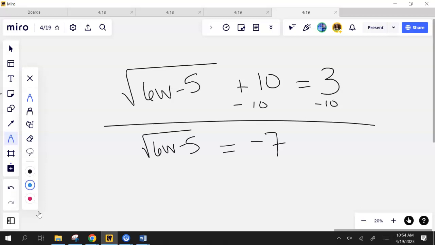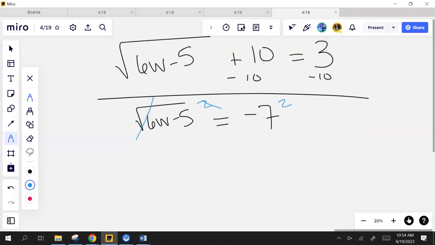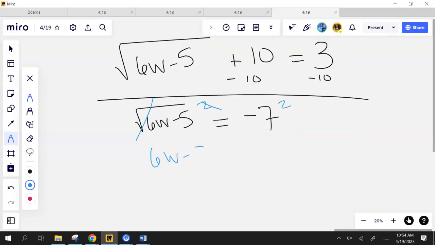Square it. Square it because, what's negative 7 squared, by the way? Is it negative 49 or positive 49? Positive. When you square a negative, it becomes positive. So I've got 6W minus 5 equals 39, and you should be able to do it from there, no problem. Add 5 and divide by 6.